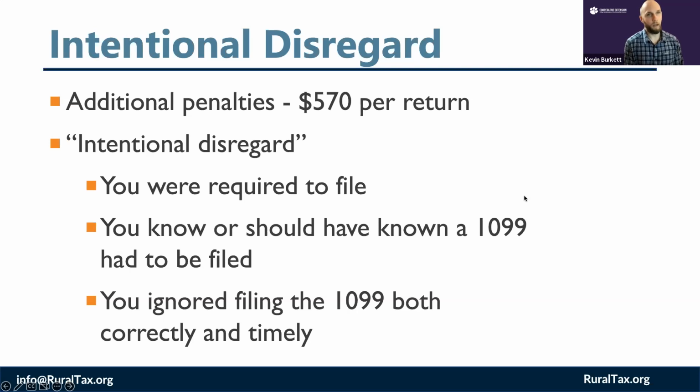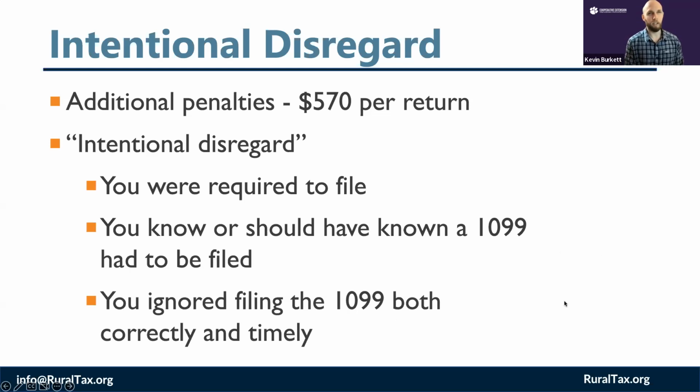They do have an additional kind of penalty that they can hit someone with, which is what they call intentional disregard. This jumps up to $570 per return. It says you were required to file, you knew or should have known a 1099 had to be filed, but basically that filing was ignored.